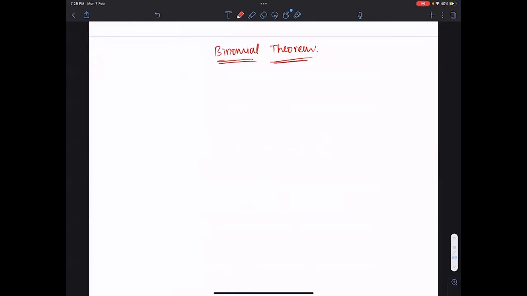See, there are questions on finding the coefficient and all these things. Let me give you one such question, a very important question. That question should explain a lot of things.